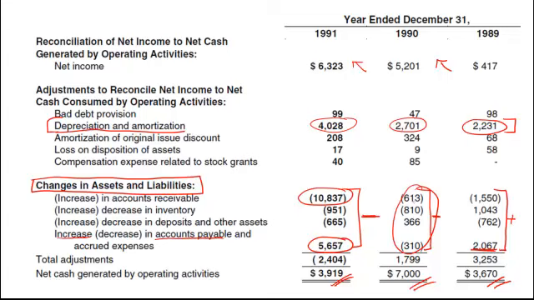It shifted to a much larger increase in working capital accounts in 1991. The major change would be with relation to accounts receivable. We invested, and we have much more accounts receivable this year. We have a 10,837,000 increase in accounts receivable, and that would mean a significant increase in working capital accounts in 1991.